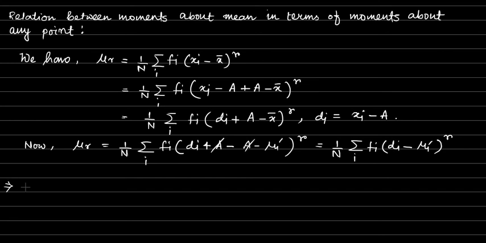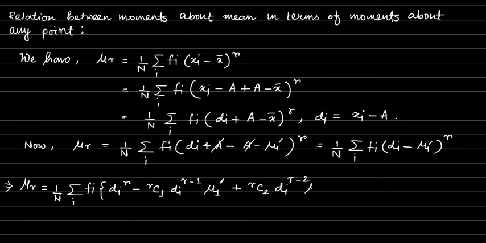So therefore mu r is equal to 1 by n summation over i f_i into [d_i to the power r minus rC1 d_i to the power r minus 1 mu1 dash plus rC2 d_i to the power r minus 2 mu1 dash square minus, continuing in this way, the last term will be (minus 1) whole to the power r mu1 dash whole to the power r].